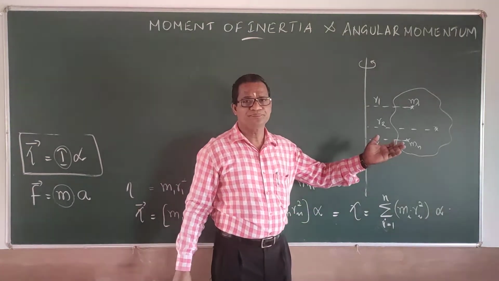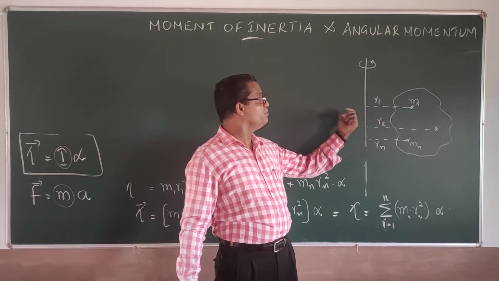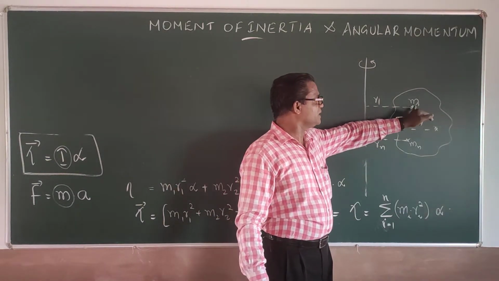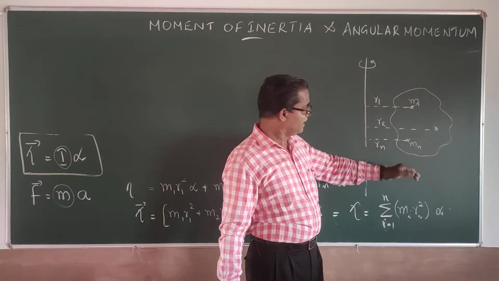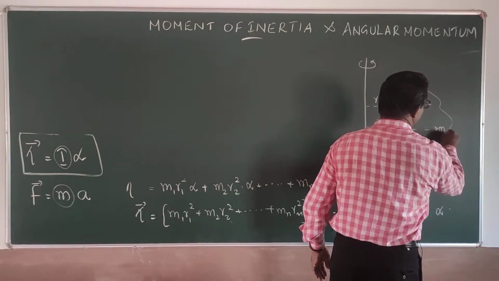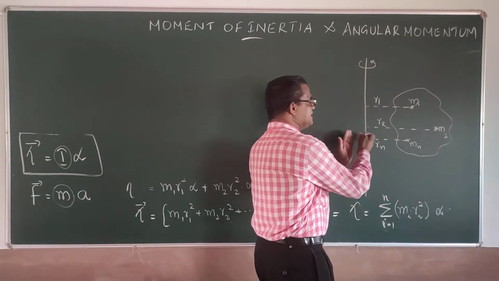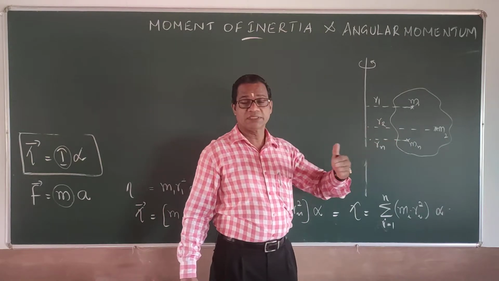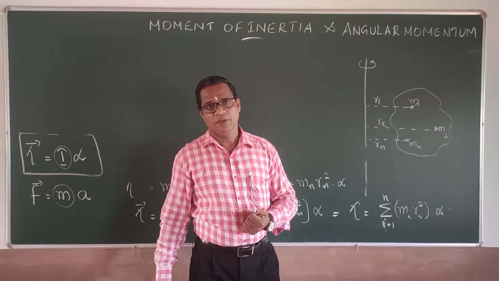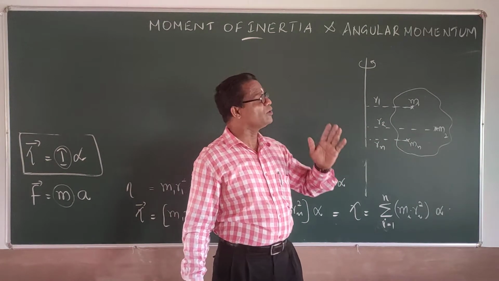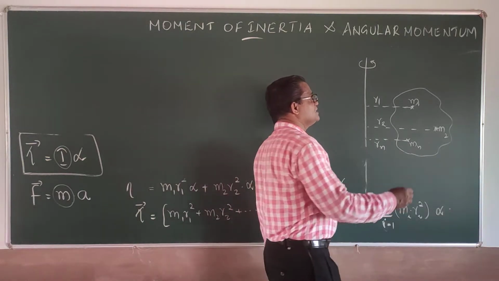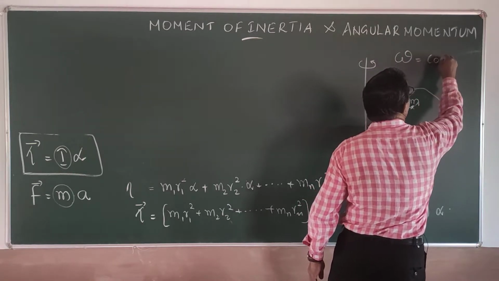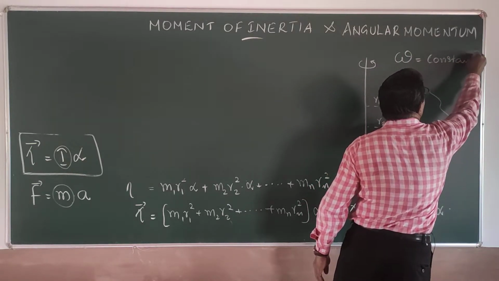Same case again: I am considering the rigid body moving around the fixed axis shown here, and consider the mass particles m1, m2, mn, etc., at vertical distances from the axis of rotation r1, r2, etc. rn, as you can see. Now, as we want the relation between angular momentum and moment of inertia, let us assume that the angular velocity omega is constant for the rotation.